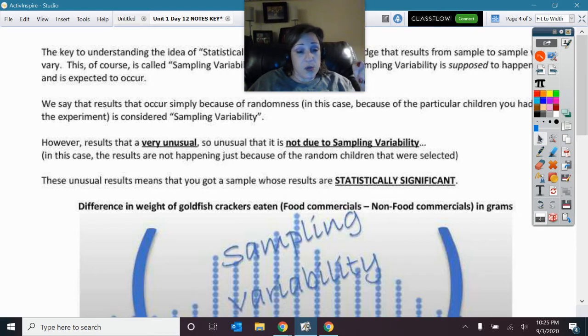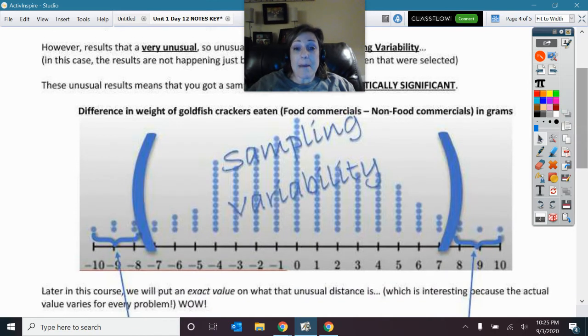In this case, the results are not just happening because of the random children. They are happening because of something more than just the nature of the children who were there. Those unusual sample results are statistically significant.